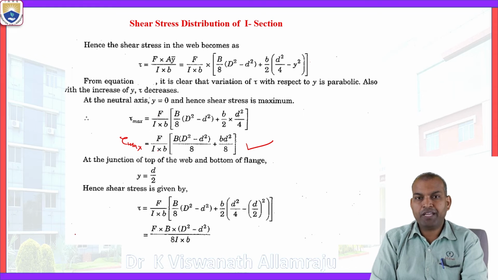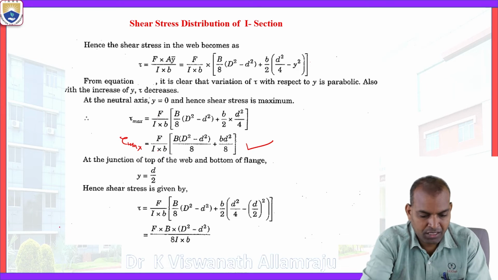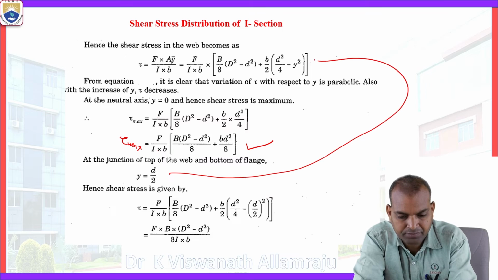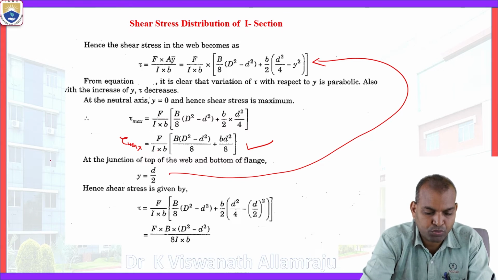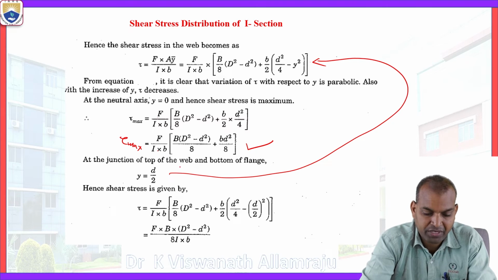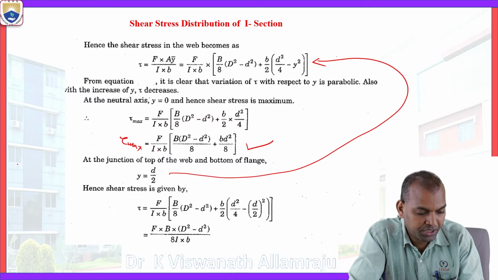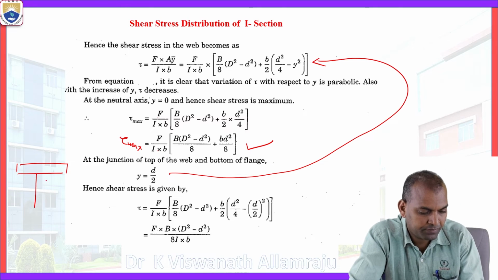Now we want y equal to small d by 2 and y equal to capital D by 2. If you substitute y equal to small d by 2 in the above equation, the shear stress will be at the junction of the top of the web and the bottom of the flange. What is the junction here? It is an I section.